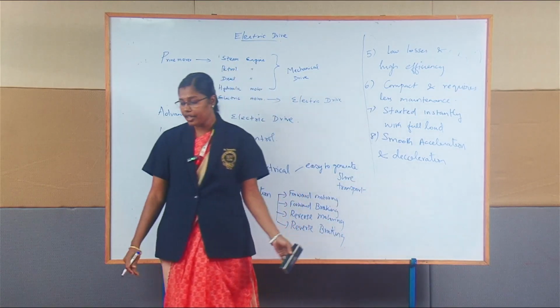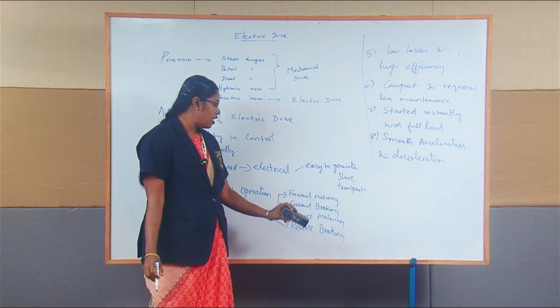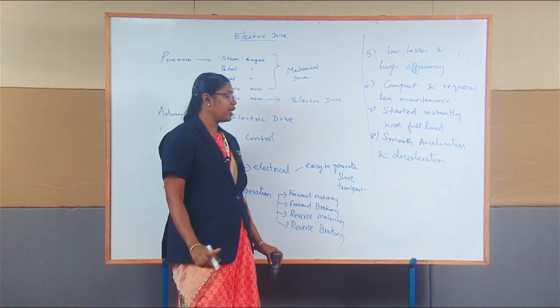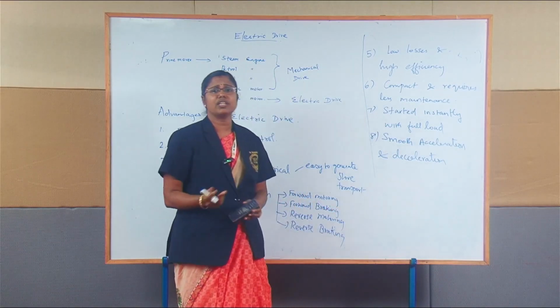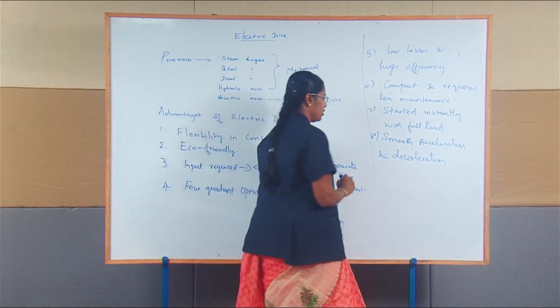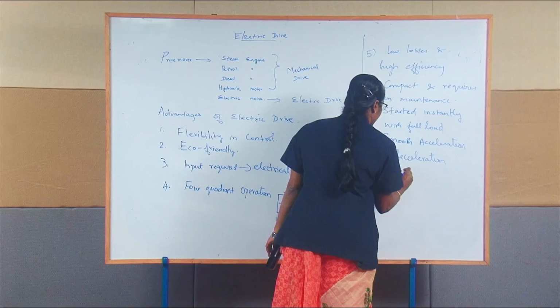Similarly, the regenerative braking operation, as I said, the fourth of the four-quadrant operations, also provides power saving. That is, the power will be fed from the load to the source. So energy saving is also possible during regenerative braking.